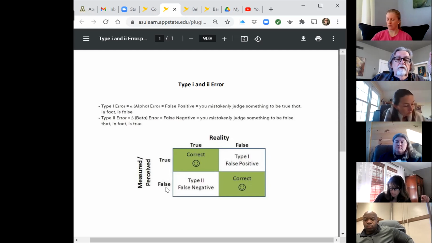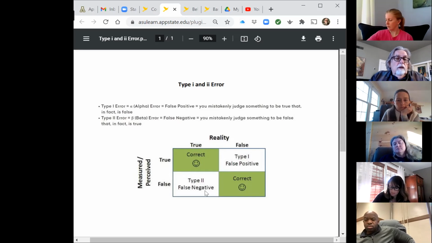If, on the other hand, we think that an outcome is false, and that is correct, then we're happy. We got the right answer. But if we think that something is false and it turns out that it's actually true, that's a type 2 error or a false negative or a beta error.